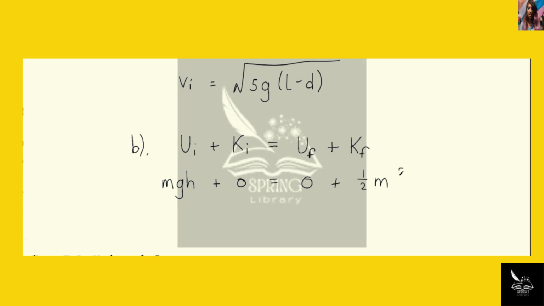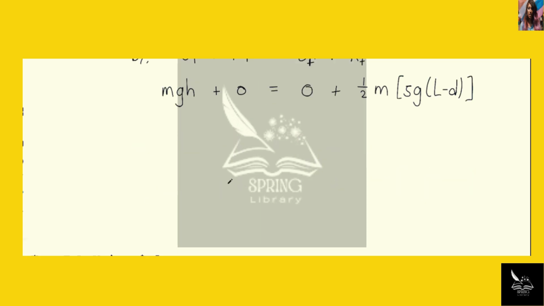So that's just 5g into L minus d. The velocity is the square root of that. So v squared is just everything under the square root sign. But what is h? Well, with a little bit of trigonometry, you can see that h is actually L into 1 minus cos theta.